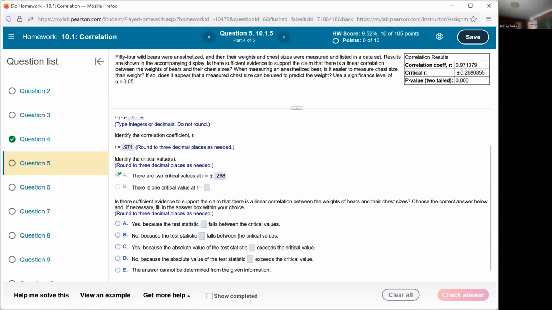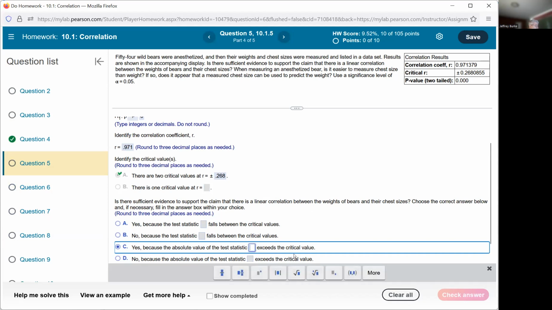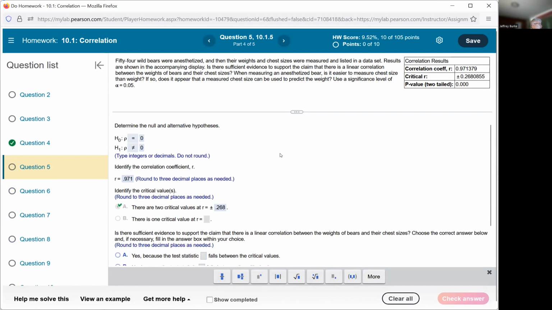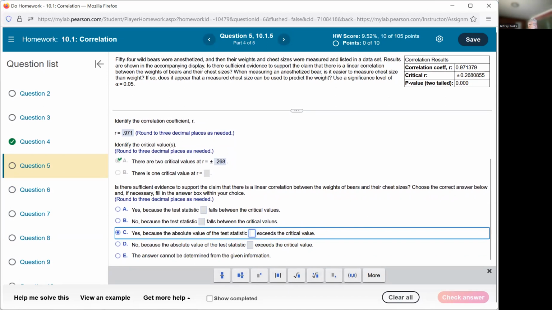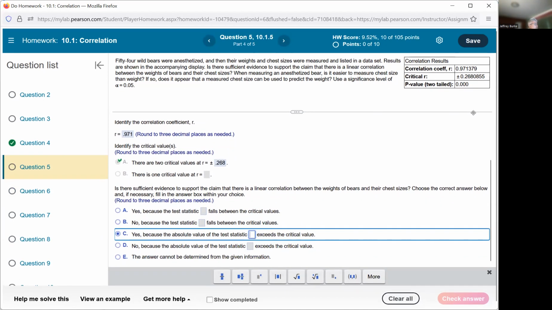I'm not going to continue to beat this question up. The p-value, two-tailed at 0, is sufficient to support the claim that there's a linear correlation. Yes, because the absolute value of the test statistic. I'm looking for the test statistic on this one. What did they say it is here? Oh well.